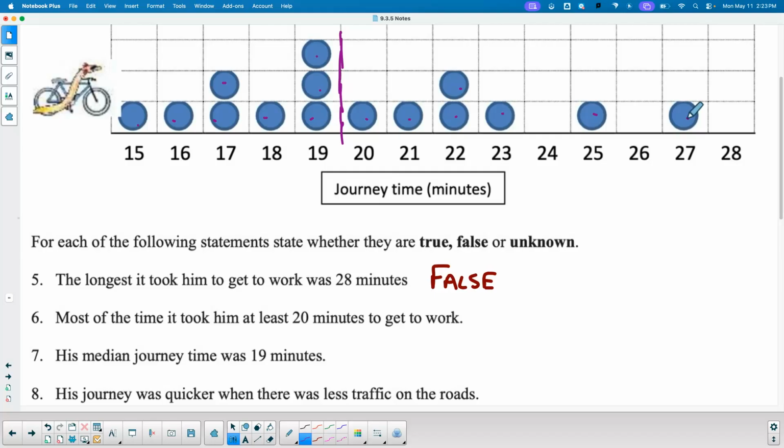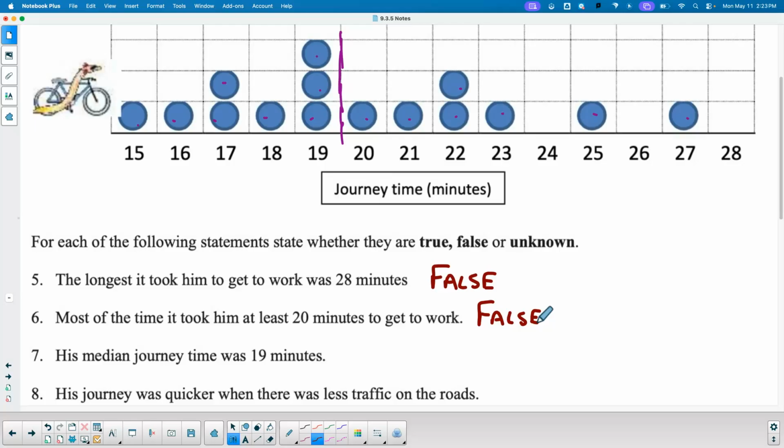So that would be true or false, then, would you be telling me? False. Yeah, I would go with false there, based off of that one. I like where your head was at with the 19, but 19 would be the most, because it's the most frequent one. Okay? All right?